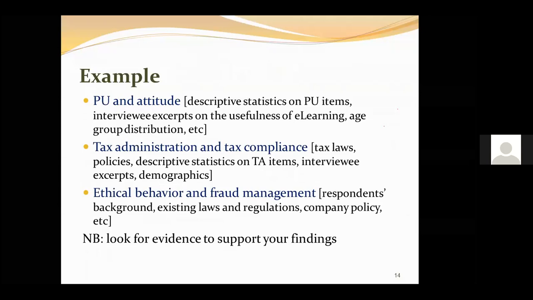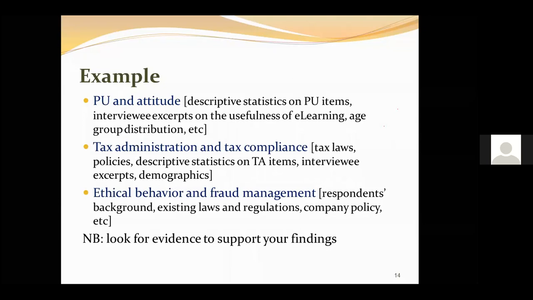So look at the mean for that particular item, and then you'll be able to make your discussion in line with that item. When people perceive that using e-learning will improve their performance, definitely this will translate to a positive attitude. And that accounts for the positive and significant relationship there.